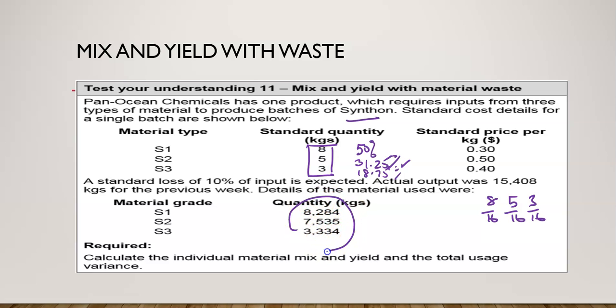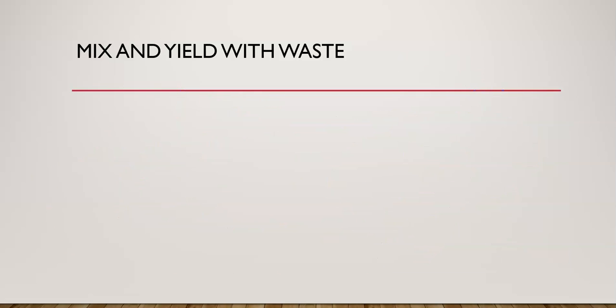This is the quantity that's gone in, and it's about inputs fundamentally. Let's take a blank page. In terms of the mix, I'll put what actually happened in the middle.